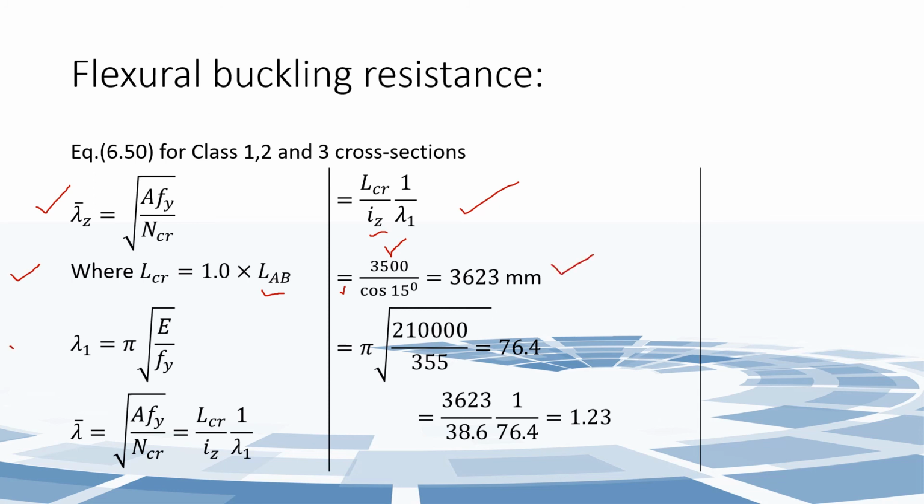Now calculate λ1, which equals 93.9 times the square root of 235 over Fy, so it's equal to 76.4. Now λ̄ is equal to L_cr divided by i_z times 1 divided by λ1. So λ̄ is equal to 1.23.